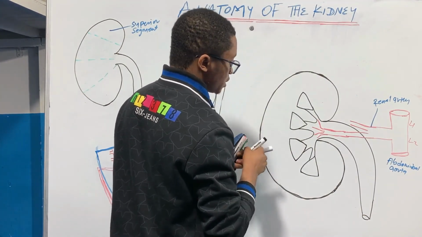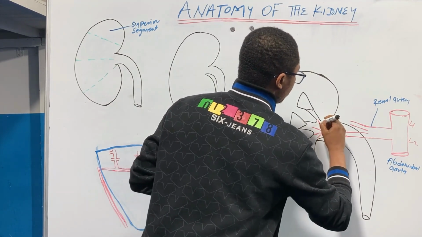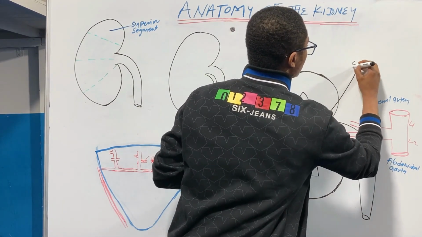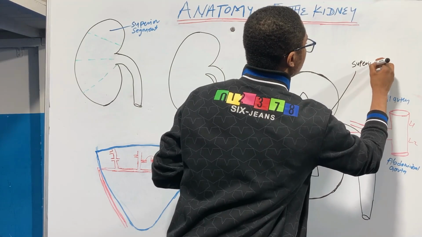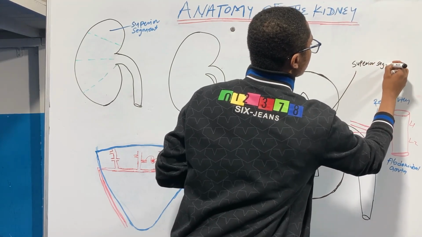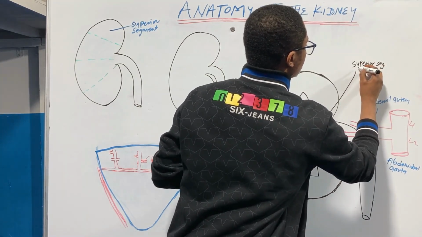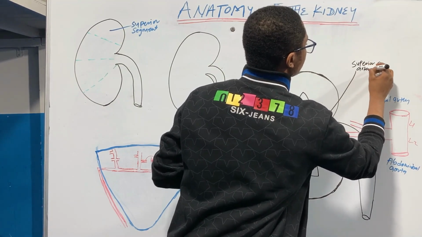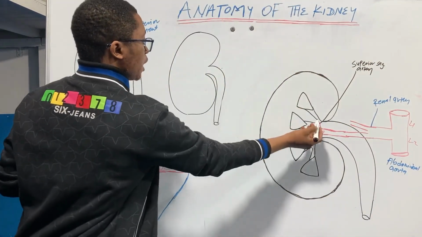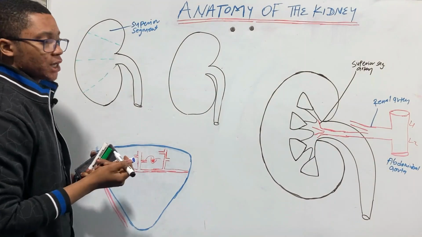So I'm going to label this as the superior segmental artery. I'm going to abbreviate it as segmental artery. Okay, so the superior segmental artery comes to the superior segment.